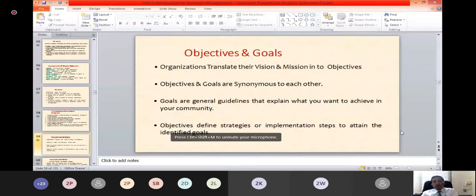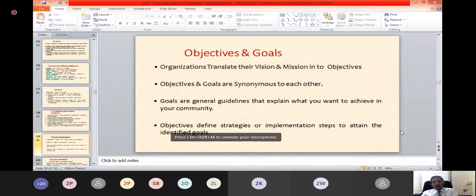Then we discussed objectives and goals. What are objectives and goals? We discussed that these organizations will have to translate the vision and mission into the objectives. They have to be specific, and they need to be precise.